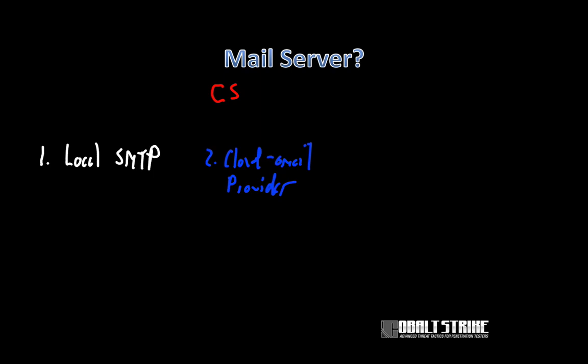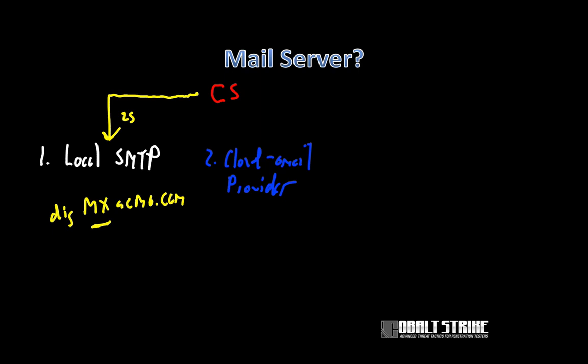Let me explain what happens when you go this route. Let's say I opt to send my phish via the local SMTP server. Cobalt Strike will connect to it on port 25 and use a protocol called SMTP to say, hey, I have a message I want you to relay. The local SMTP server will accept that message, and it will then look up a DNS record on our target domain to find out where the mail server is for that domain.